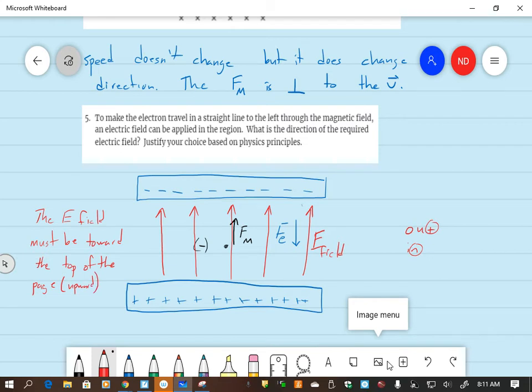Why? So that if you put the negative plate of the parallel capacitor up top, the electron will be repelled by the parallel plate, forced down. Okay, that's really all there is to it. Problem solved.